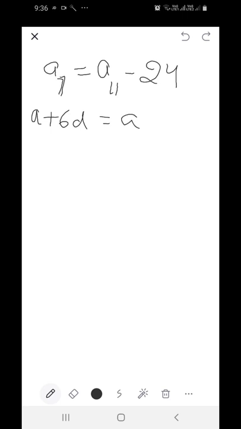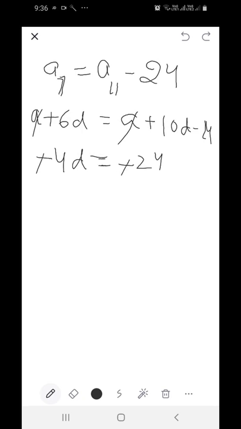I'm taking now the 11th term: a plus (11 minus 1), that is 10d, minus 24. From here you can cancel a from both sides. Take this 10d to the left. It will become minus 10d plus 6d, which is minus 4d, is equal to minus 24.